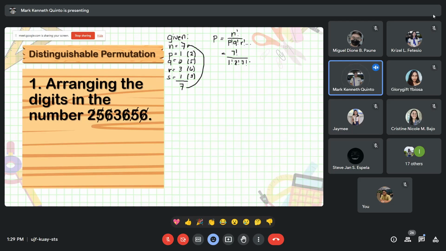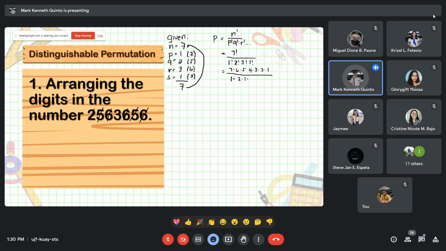And for S, we have 1 factorial. The next thing that we need to do is to expand it. So we have to expand the 7 factorial. We have 7 times 6 times 5 times 4 times 3 times 2 times 1, all over, expand din natin yung denominator. So 1 factorial is equal to 1. 2 factorial is equal to 2 times 1.